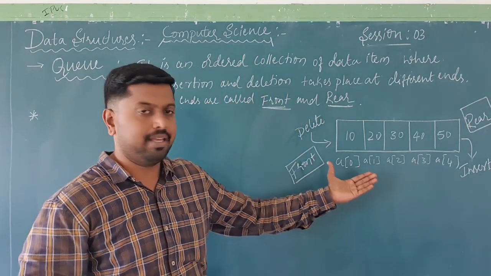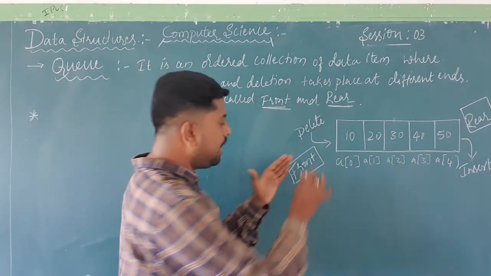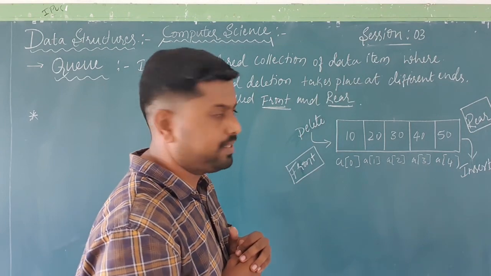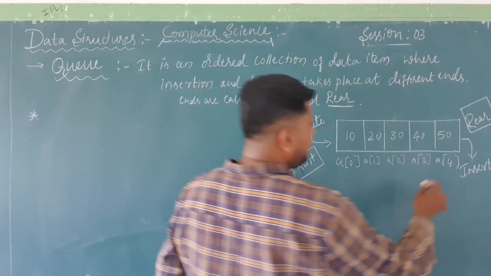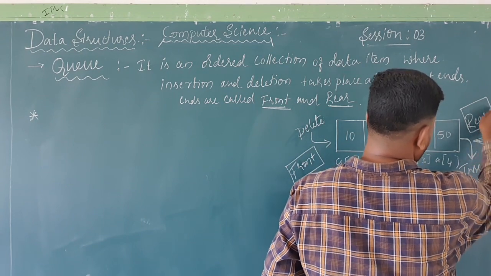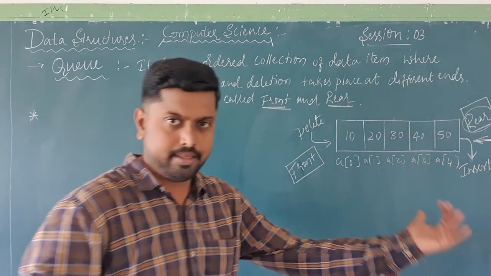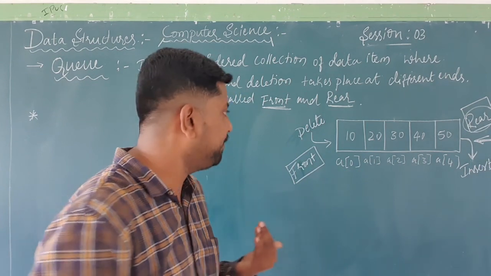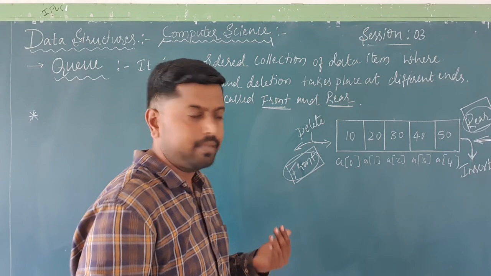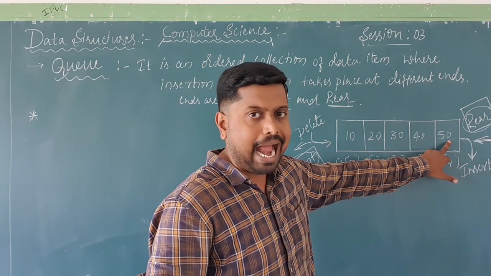Here we will show it with the help of a diagram. Assume this is a queue. Inserting an element happens at the rear end, and deleting an element happens at the front end. 50 is a new element added.